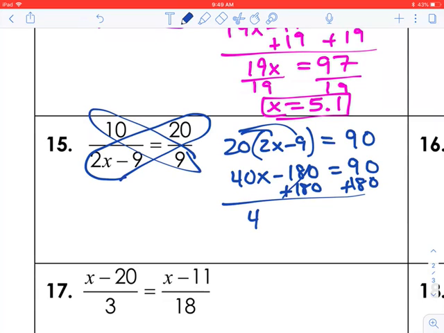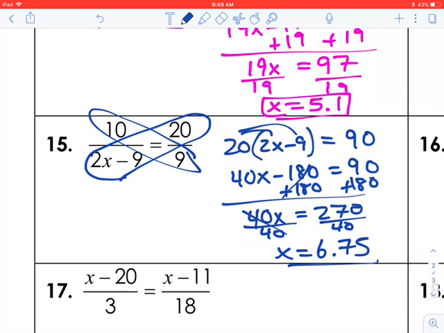And I get 40x equals 270. Okay. So when I divide by 40, I'm going to get another decimal, but that's okay. Divide by 40, I get 6.75 or 6.8.